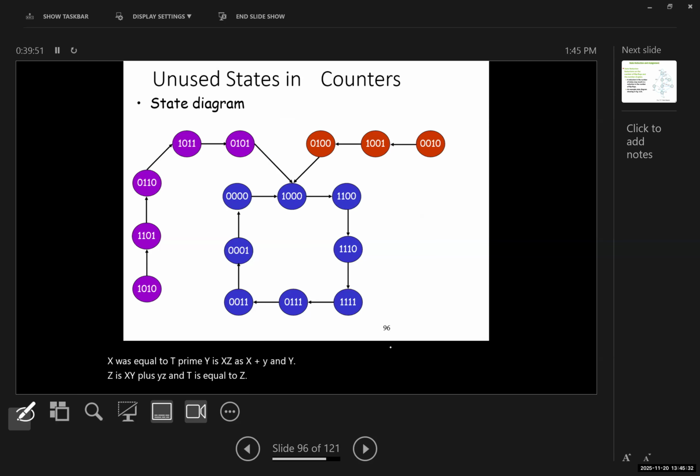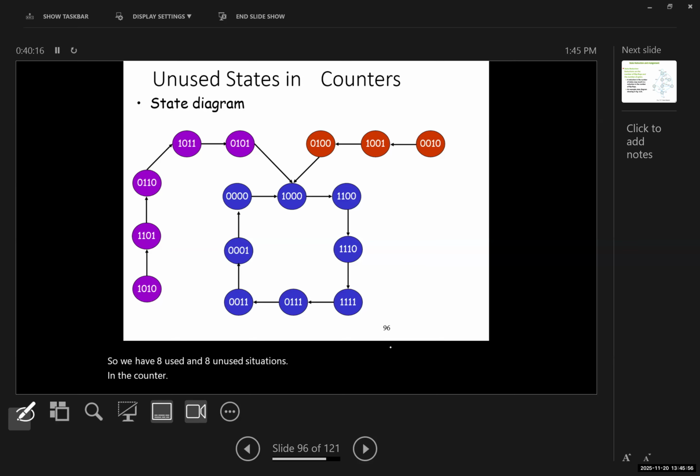Now, if we want to draw the state diagram, it's going to look like this. The blue ones show the used states in a Johnson counter, and the red and the purple show the unused. So we have 8 used and 8 unused situations in the counter.